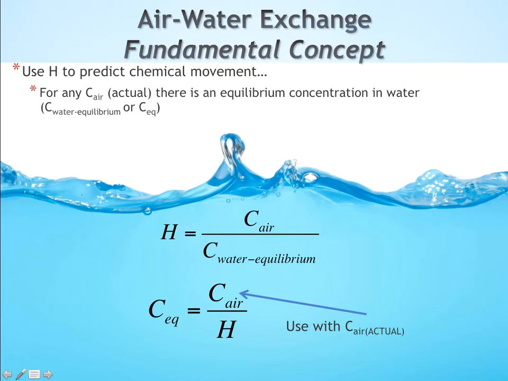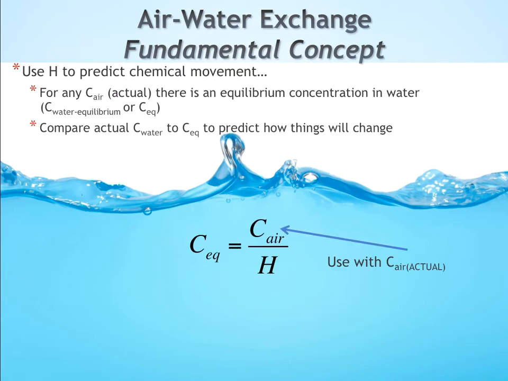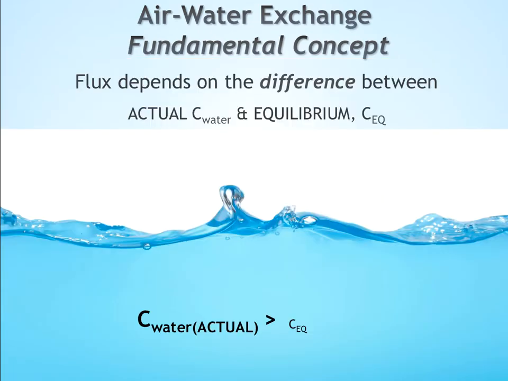Okay, so what does this do for us? Then we compare the actual measured amount of a chemical in water to this CEQ to predict how things are going to change. Is that chemical going to move into the air, or is the chemical going to move into the water? The flux of that chemical is going to depend on the difference between the actual measured concentration in the water and the estimated concentration that should be in the water at equilibrium.